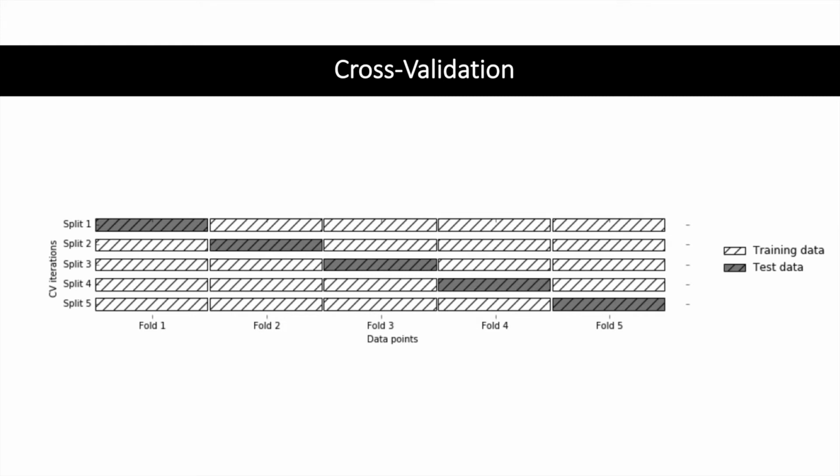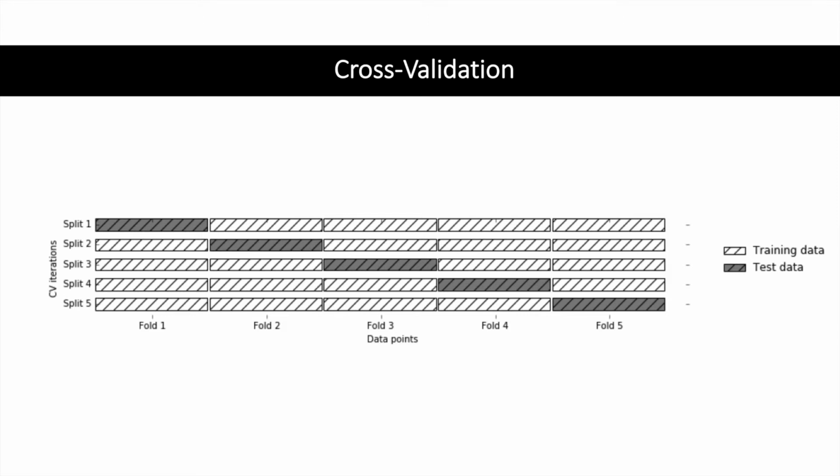The most commonly used version of cross-validation, and you may have heard about it, is k-fold cross-validation, where k is a number that we as the users specify, and that indicates how many partitions our data is going to be divided into. It is usually 5 or 10.